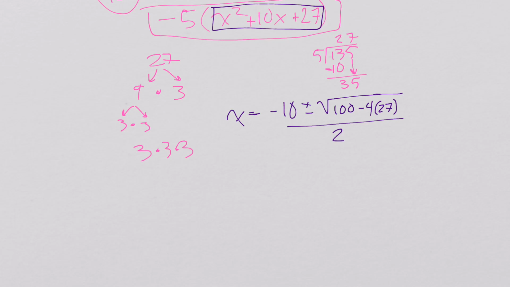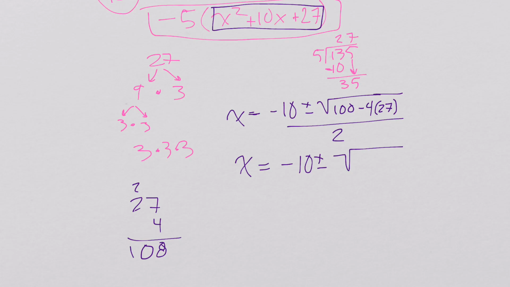Well, what's 4 times 27? 4 times 7 is 28. So 2 there. 4 times 2 is 8 plus 2 is 108. So this problem becomes x equals negative 10 plus or minus the square root of 100 minus 108. Well, 100 minus 108 is negative 8. So we have that divided by 2.